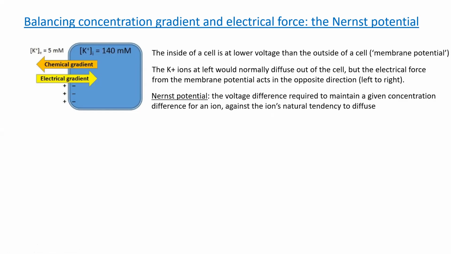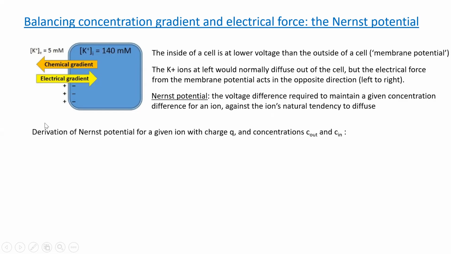So how do we calculate this Nernst potential, this voltage difference that we need to counter the tendency to diffuse? Here's a short derivation for an ion with a charge Q and concentrations C out outside the cell, that would be 5 millimolars for potassium, and C in inside the cell, that would be 140 millimolars in this case.